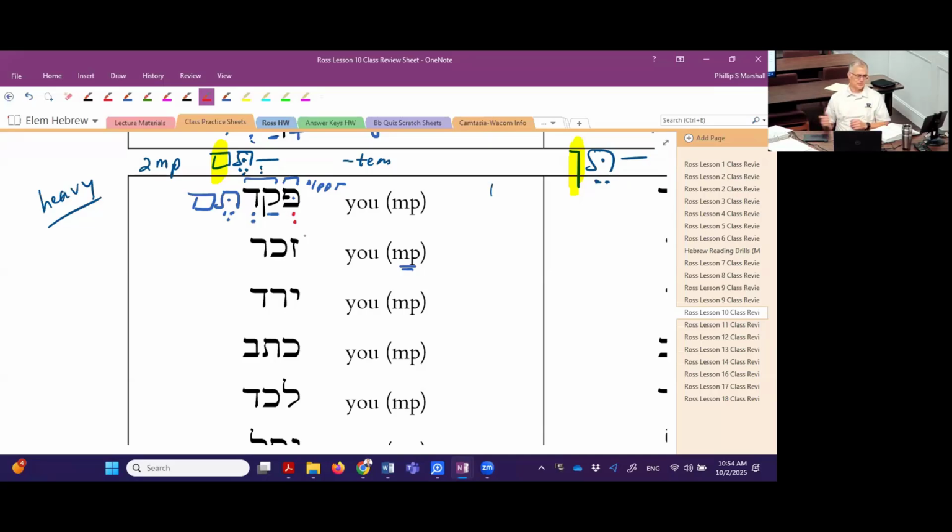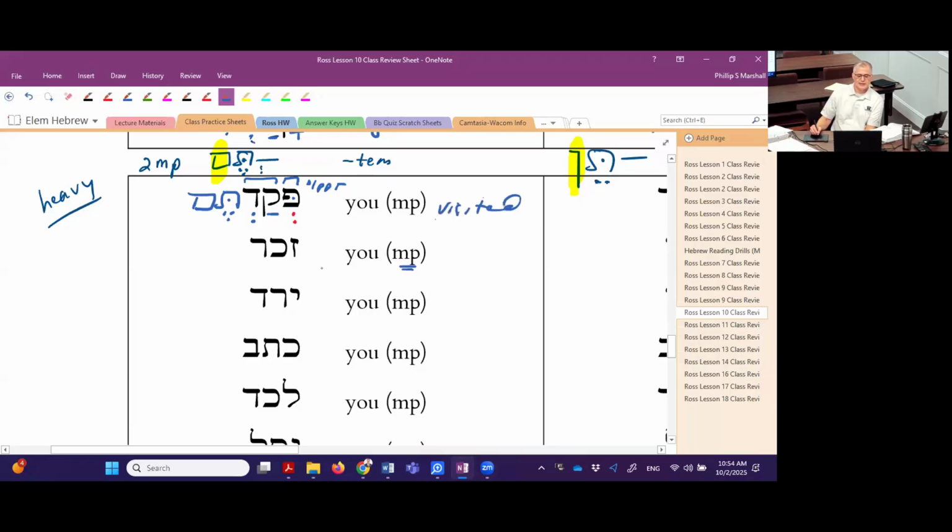So I won't see it reducing there. Okay. We'll see this again, but right now this is the only place you're going to see it here. Okay, perfect. All right, so pequdtem, everyone. Pequdtem means what? You or y'all what? Visited. Good.